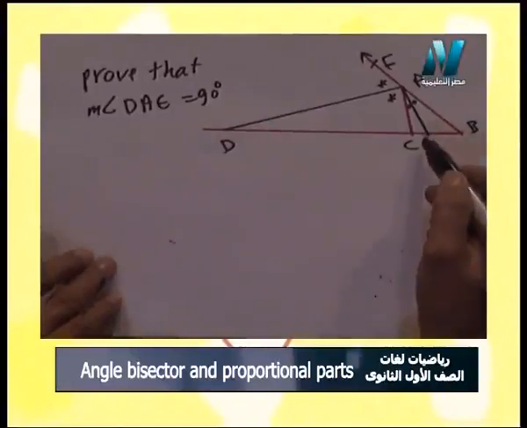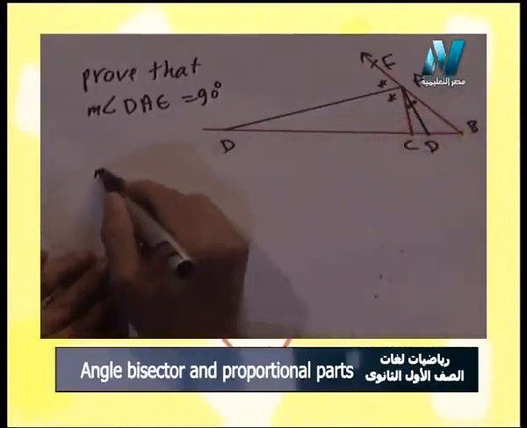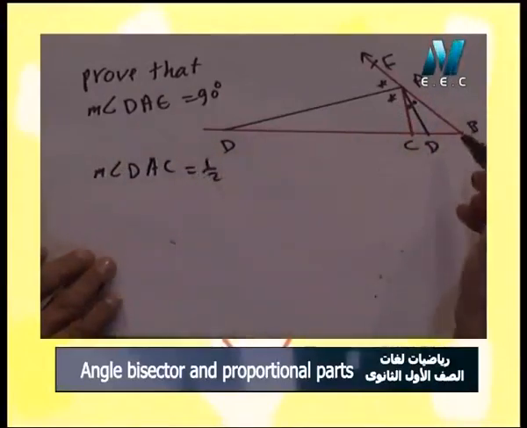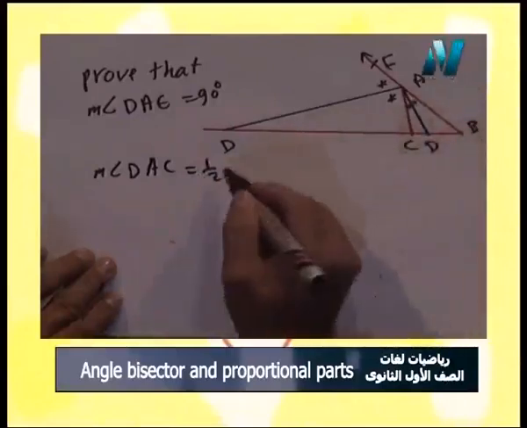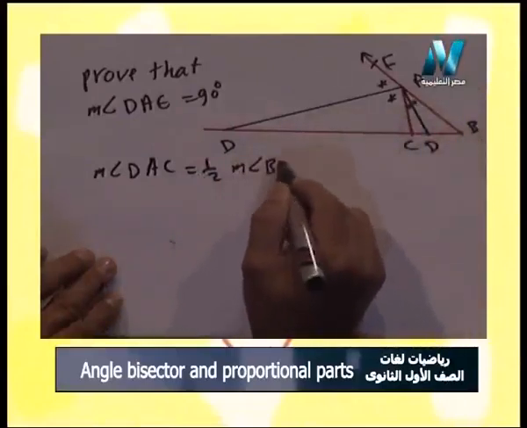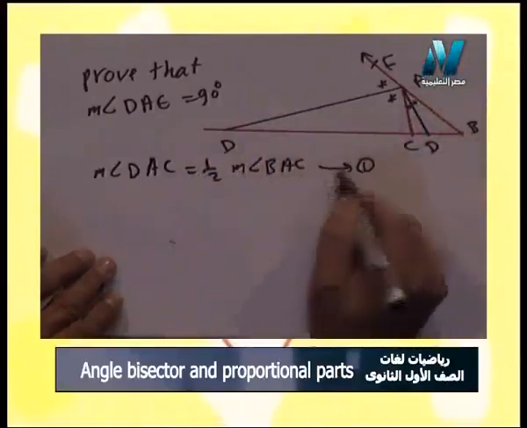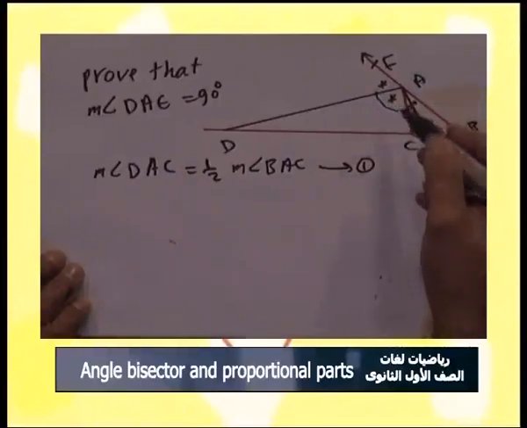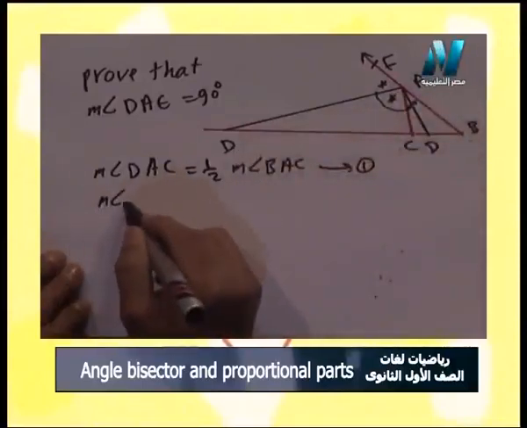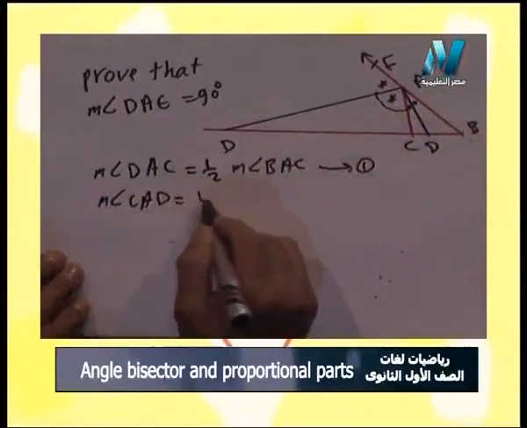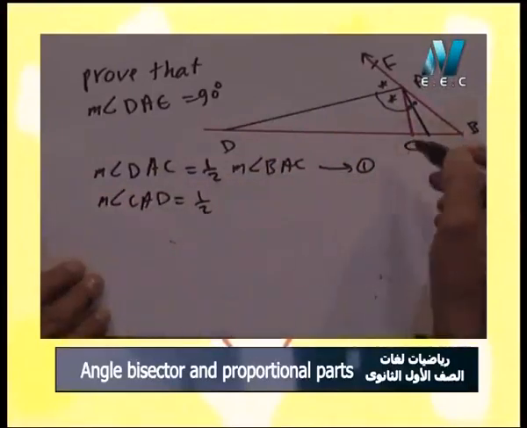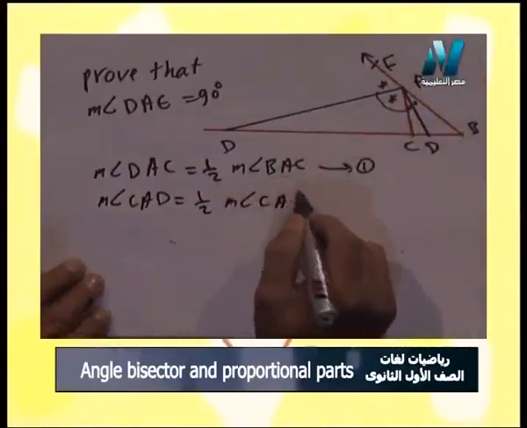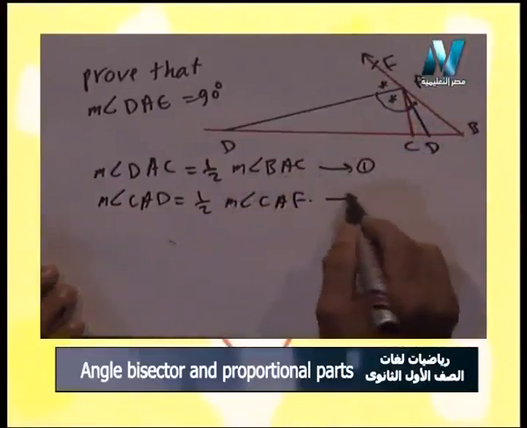Look carefully at this. We have the angle DAC, measure of angle DAC equals half what? Half the measure of angle BAC. This is number one. And we have this angle, which is CAE, measure of angle CAE equals half the measure of angle CAF. This is equation number 2.